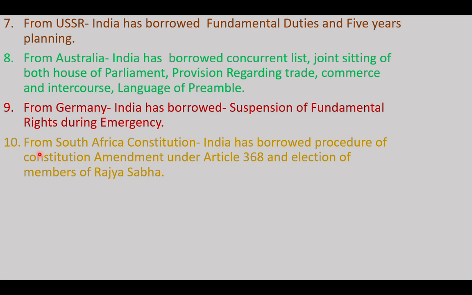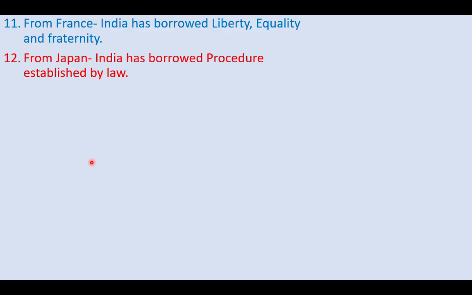From the South African Constitution, India has borrowed the procedure of constitutional amendment under Article 368 and also election of members of Rajya Sabha. Very important, very important. जो सिंपल इलेक्शन होते हैं राज्यसभा के, वो प्रोविजन कहाँ से ली गई है? साउथ अफ्रीकन कॉन्स्टिट्यूशन से. Next one is from France. It's very simple, everyone knows this. From France, India has borrowed liberty, equality and fraternity. Very important. From the Japanese constitution, this is very very important.